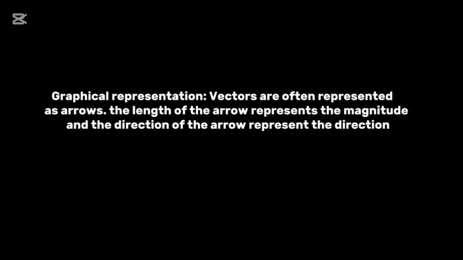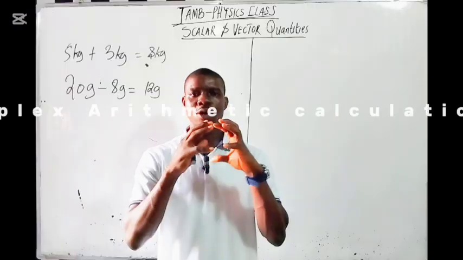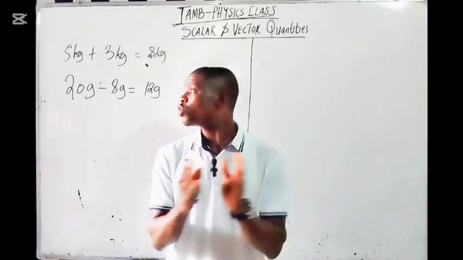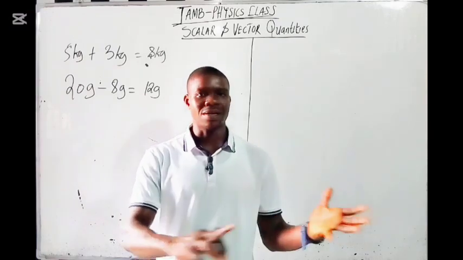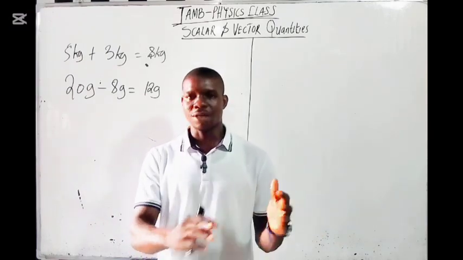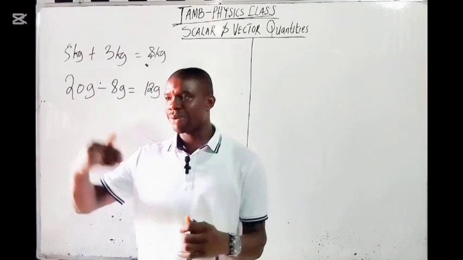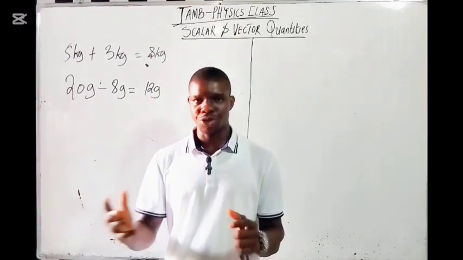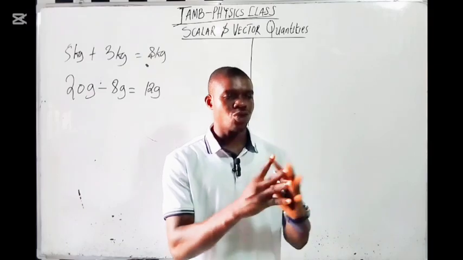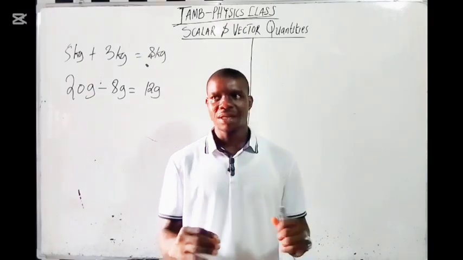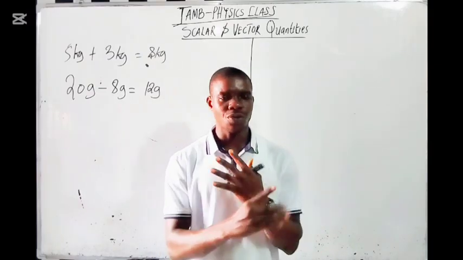Number 3, complex arithmetic. When you talk about vectors, you don't use simple arithmetic; you use Pythagoras' theorem, trigonometry, and other complex calculation processes. So when we talk about addition of vectors, you are going to use complex arithmetic, which I want to look at in this video.